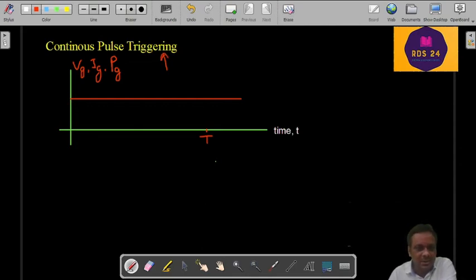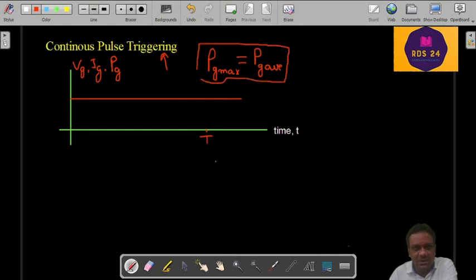At this moment, our Pg max and Pg average, these two things are equal, because we are having continuous pulse triggering. Under this condition, our Pg max and Pg average are equal quantities, because we are doing continuous firing pulses.